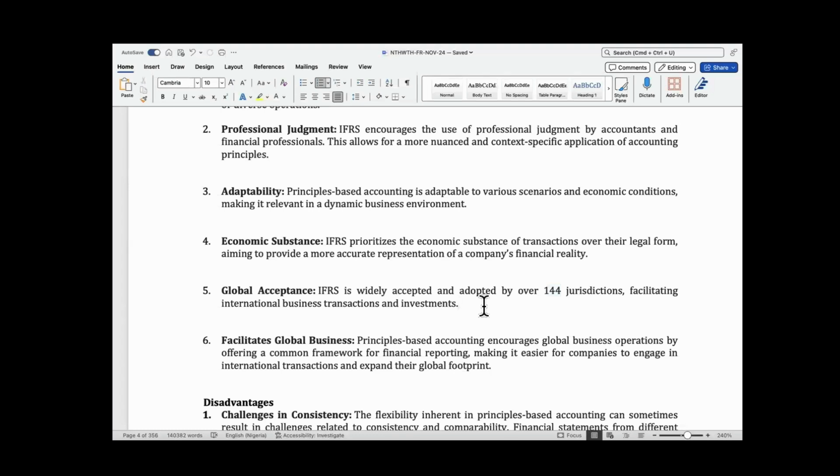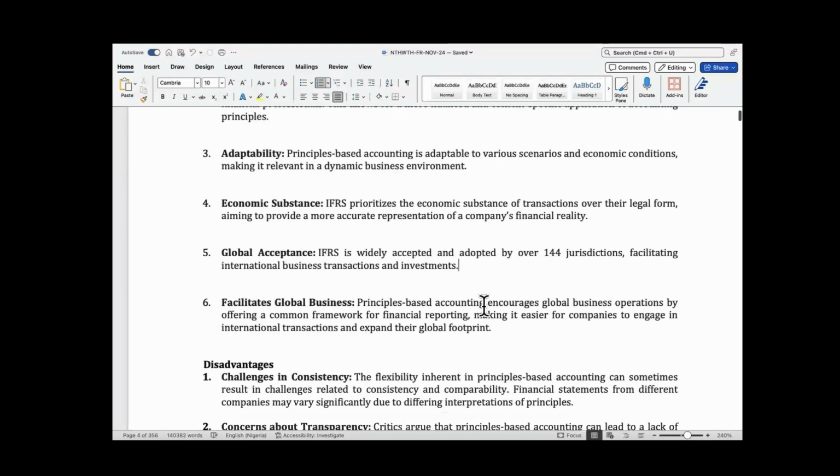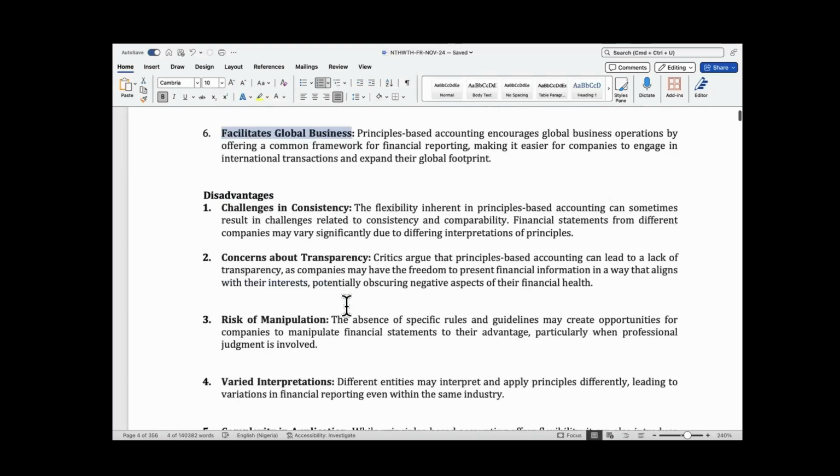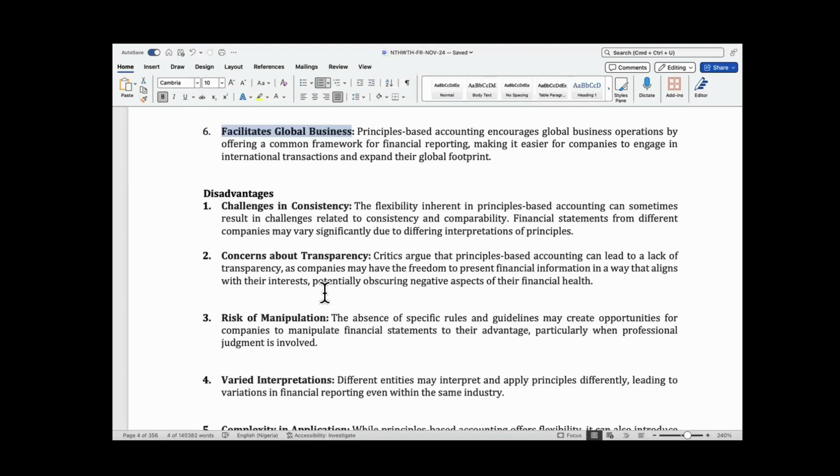When you present your reports to your foreign investor, they would easily understand it since most likely they would also be using IFRS. So you are reporting under the same framework. Global acceptance will definitely facilitate global business because we are preparing our reports using a common framework.